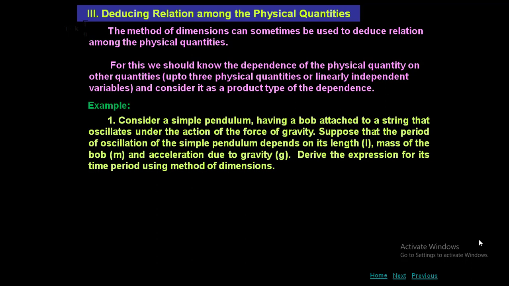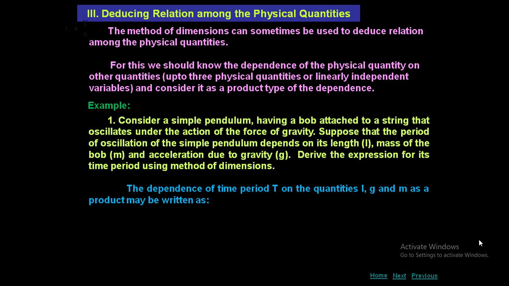Here period of oscillation is nothing but time period, simply time. So the time is dependent on three factors, that is length, mass and acceleration due to gravity. Now what we have to do? We have to derive the expression for its time period using method of dimensions.